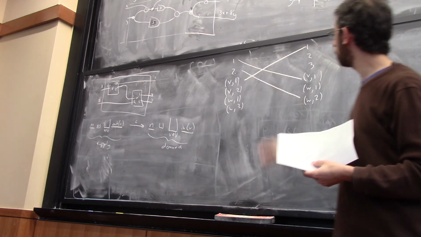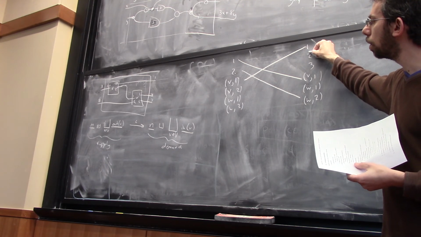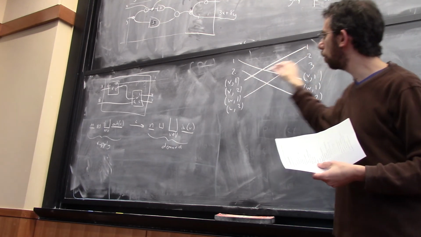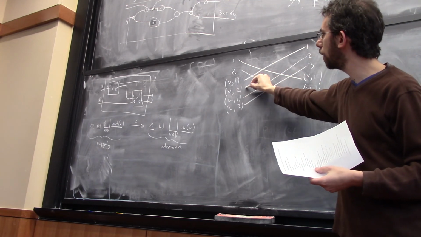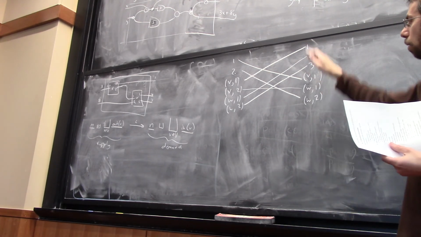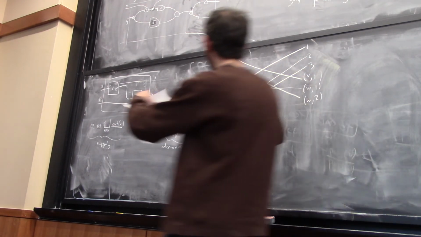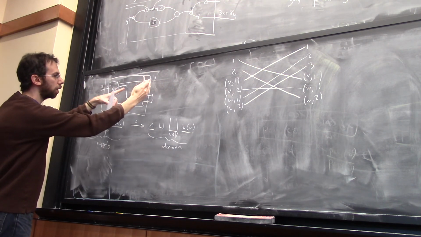Who's feeding the output 2? W1. Who's feeding the output 3? W2. And who is V2 feeding? W1. Okay, so we got an isomorphism, and we'll always be able to do that because it's a one-to-one matching between the things that are giving and the things that are requiring.